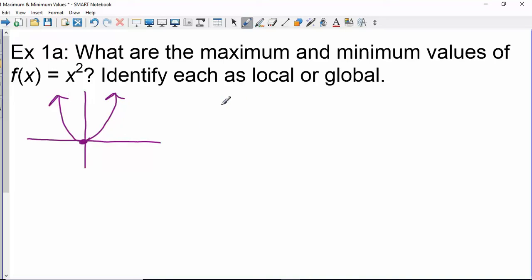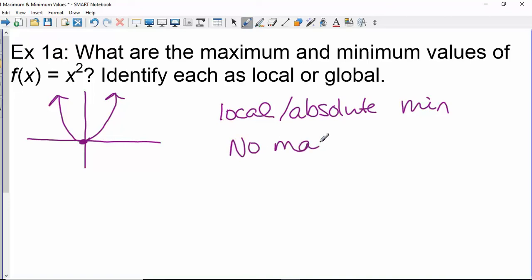So this point right here would be what? A local min. Is it also an absolute? Yeah. So it is both the local and the absolute. Do we have any maximums on here? No. Because the ends are going up forever.